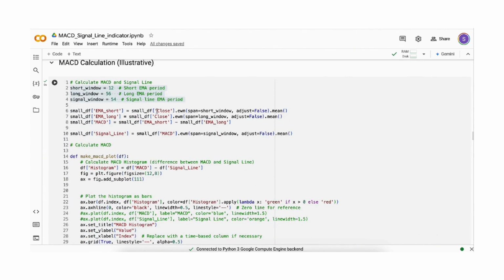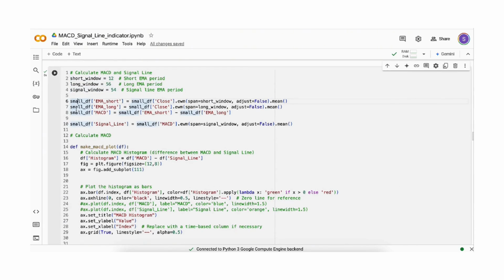But for our calculations of MACD, we start with the short EMA, and we calculate it using the exponential window function in pandas, and then on that exponential moving window function you can calculate the mean, which is the exponential moving average, and that is what we calculate here, and then we give it the short window and the long window as arguments, and that helps us calculate these short and the long moving averages.